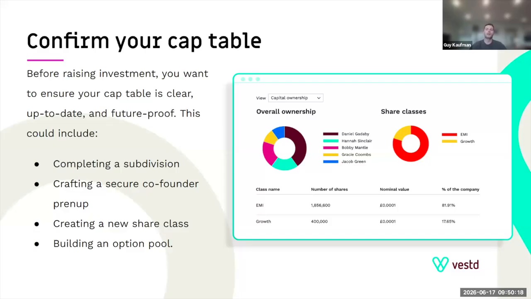And most commonly, the structures that they'll use to mitigate that would either be to set up an unapproved option scheme. That's probably the most common route, to be honest with you. So, this is effectively a contract to buy shares at some point in the future. You set the price that they're paying for their shares today. So let's say it's £1.